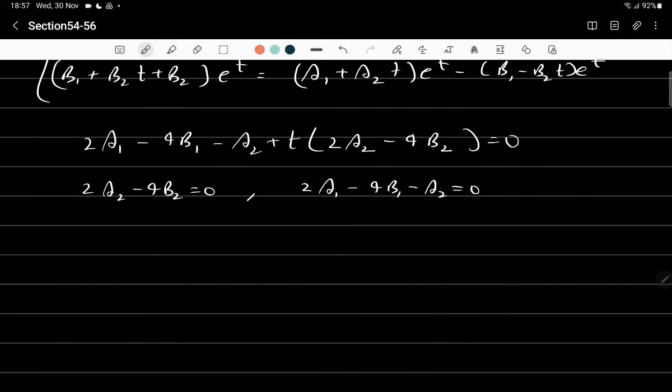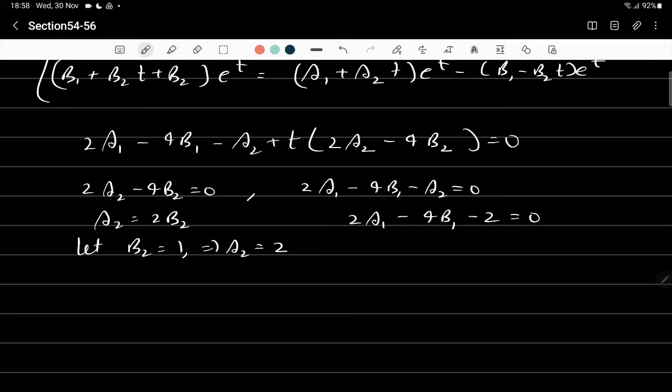Yes, so the first one is giving me a2 is equal to 2b2, so let b2 is equal to 1, which implies a2 is equal to 2. Now you have the value of a2, so this becomes 2a1 minus 4b1 minus 2 is equal to 0, or your a1 looks like 2b1 plus 1.